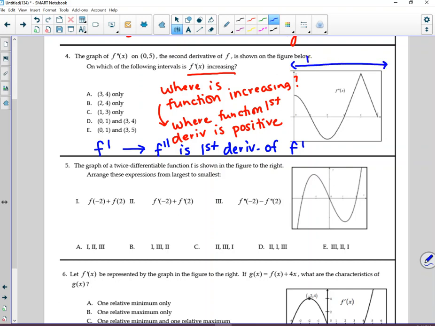I see a function that's positive, and then negative, and then positive for y's. It looks like it changes at 1, and it changes at 3, and it ends at 5. So f prime is increasing anywhere f double prime is positive: 0 to 1, and 3 to 5.